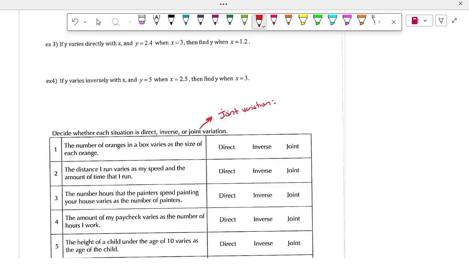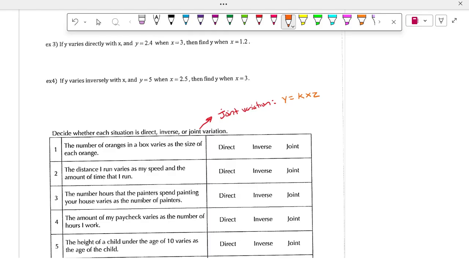So the way you write out joint variation is y is equal to kxz. A common one that you'll see with that is a lot of times there's area or volume formulas. Those are actually joint variations.